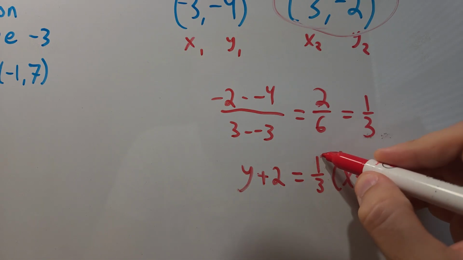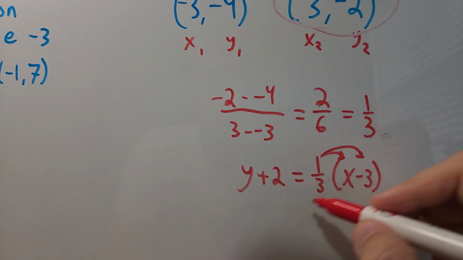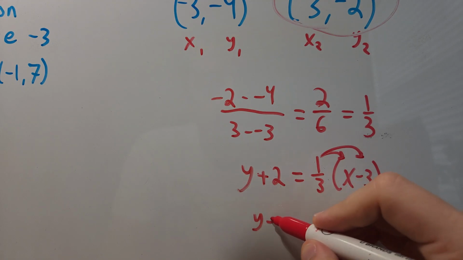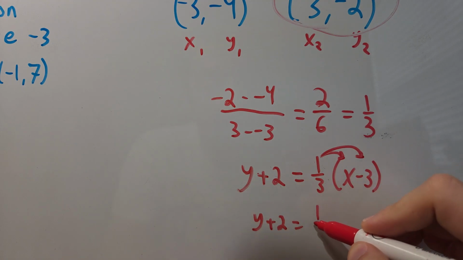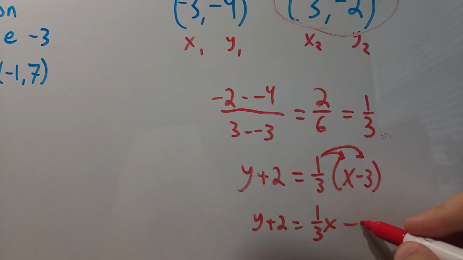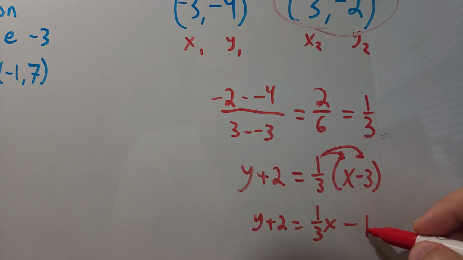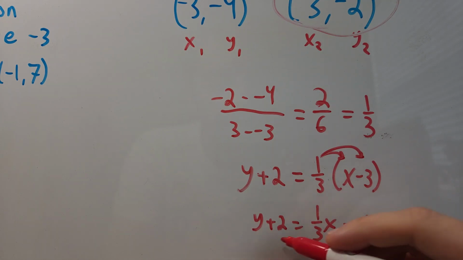We distribute the slope to every point, and this one works out nicely because 1/3 and -3 are related. So this is 1/3 x minus 1. 1/3 times -3 gives me -1. Last thing we do is subtract 2.